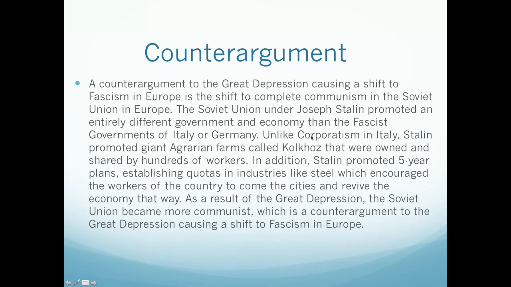Unlike corporatism in Italy, Stalin promoted giant agrarian farms called kolkhozes that were owned and shared by hundreds of workers. In addition, Stalin promoted 5-year plans establishing quotas in industries like steel, which encouraged the workers of the country to come to the cities and revive the economy that way. As a result of the Great Depression, the Soviet Union became more communist, which is a counter argument to the Great Depression causing a shift to fascism in Europe.